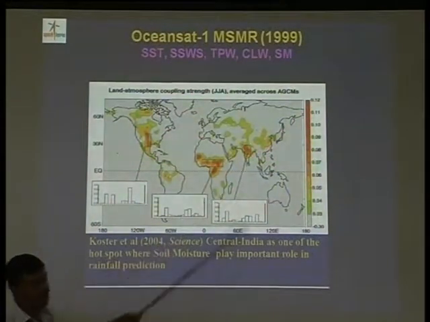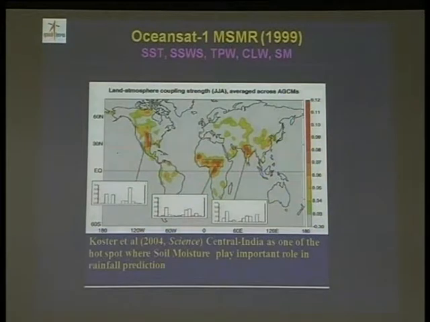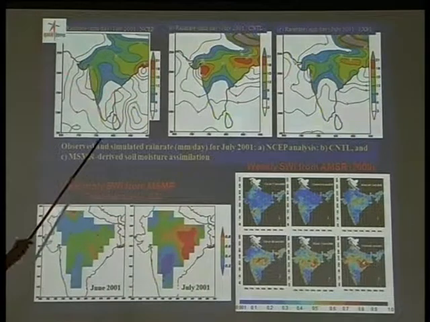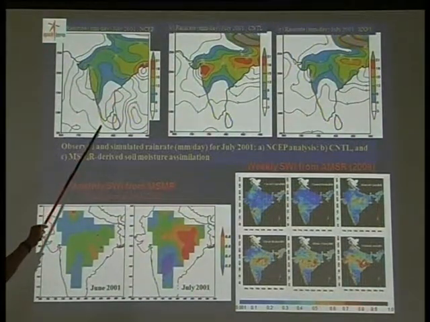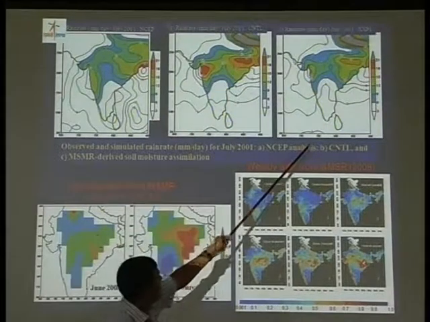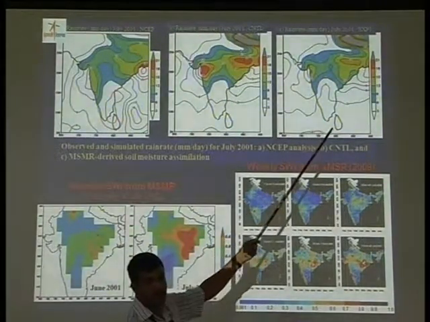So if we can provide a better estimate of soil moisture as a boundary condition, we can improve the predictability of the forecast. So this was one experiment done by us when we assimilated MSMR derived soil moisture in the numerical weather prediction model, and we compared with the INSAT analysis. This was the control run, and this was the run with the MSMR derived soil moisture.